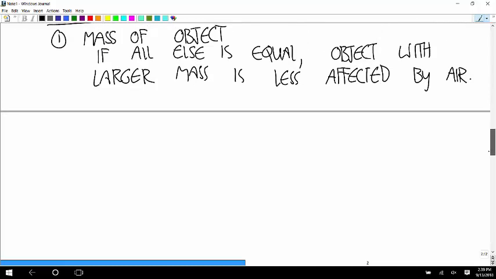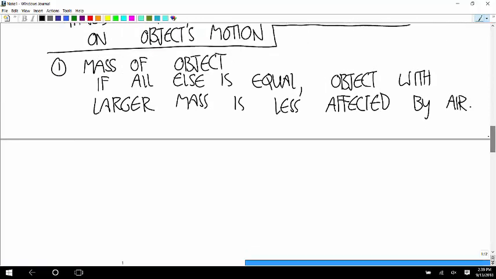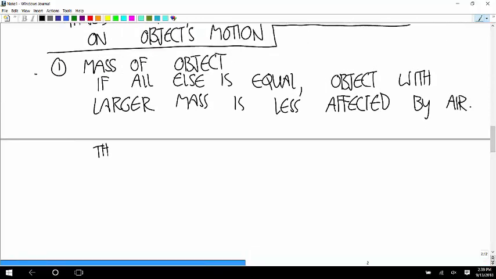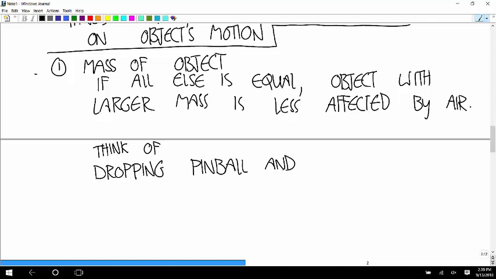So for an example of this, think of dropping a pinball and a ping pong ball off the roof of a building.